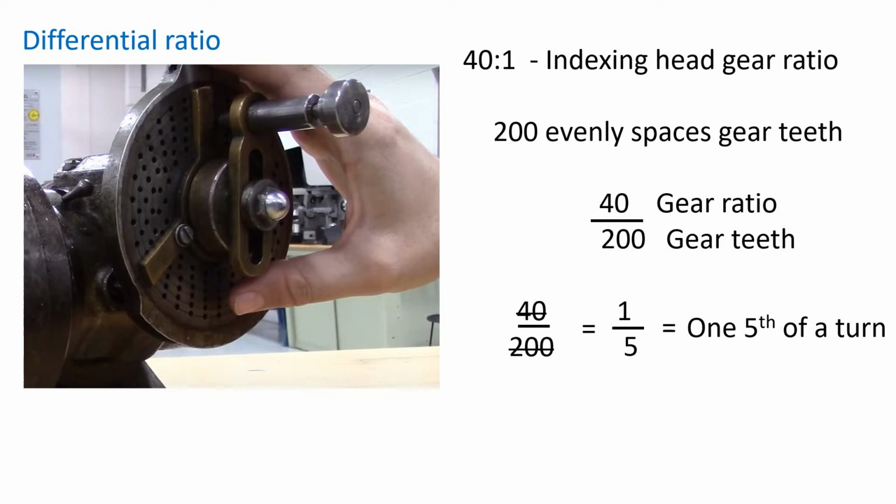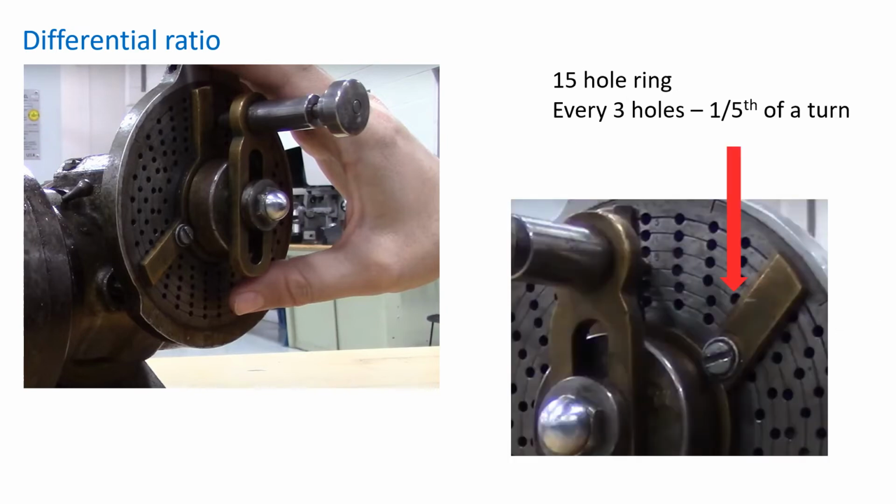Gear ratio of 40 divided by number of teeth or increments, 200. So 40 divided by 200 equals 1/5 of a turn of the crank handle. Well, how do I get a 1/5 of a turn?